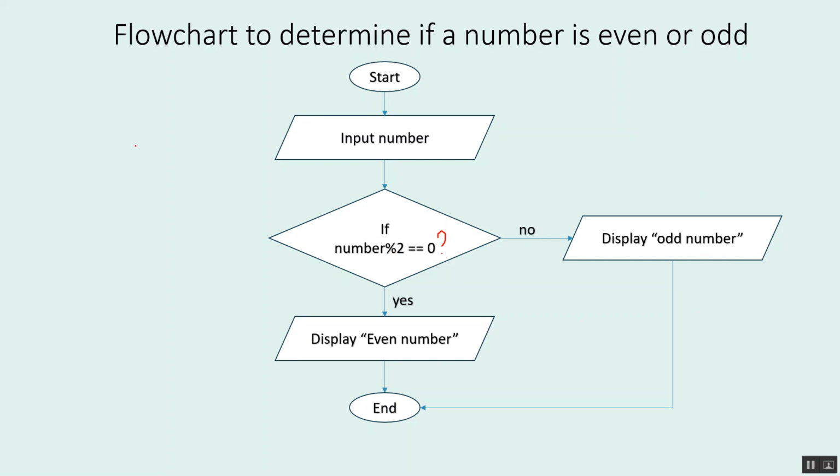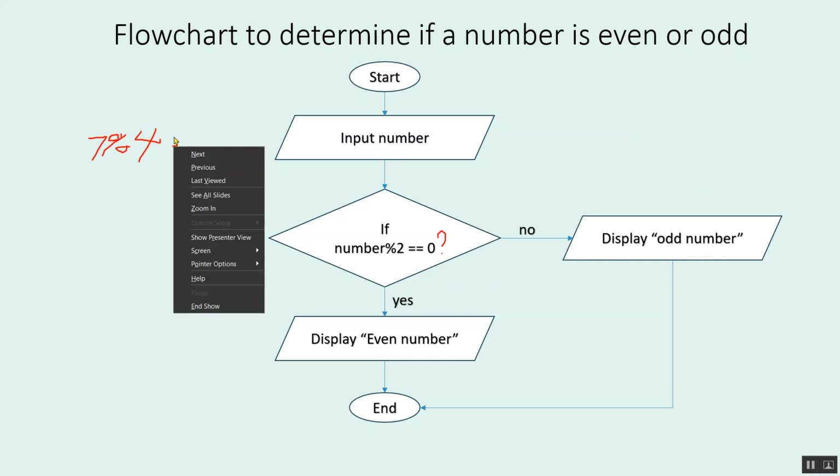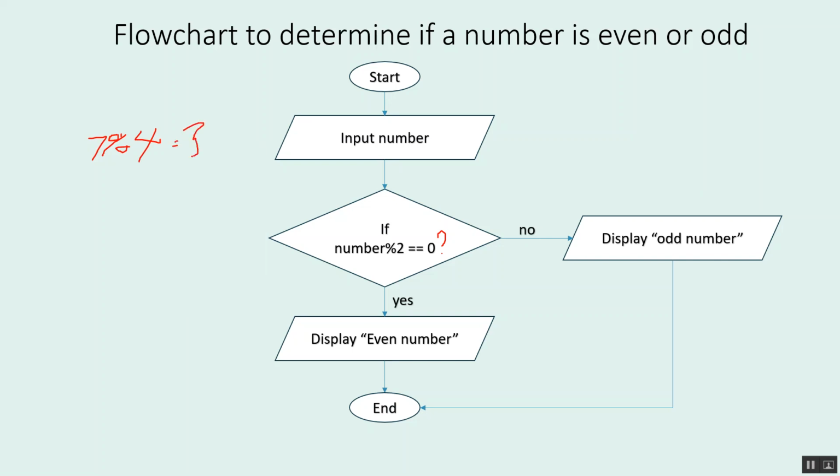Here is another example: 7 modulo 4. The modulo is the percent symbol. 7 modulo 4 is equal to 3, because if you divide 7 by 4, there is an excess of 3 to make it another 4.